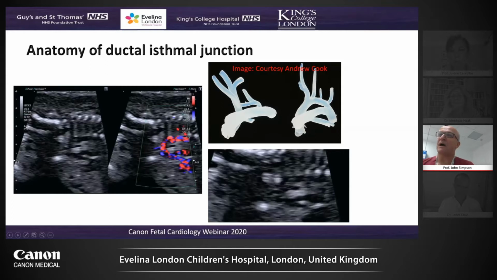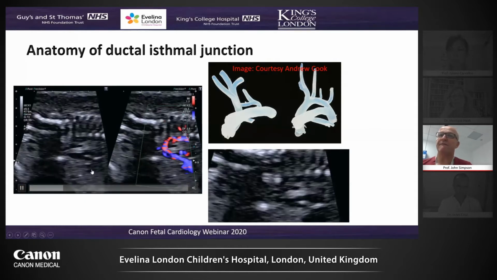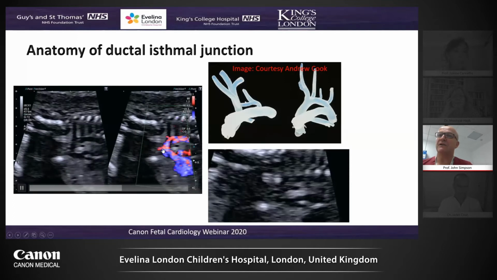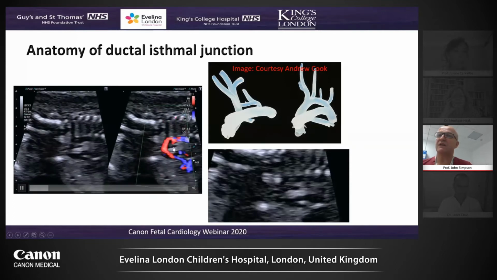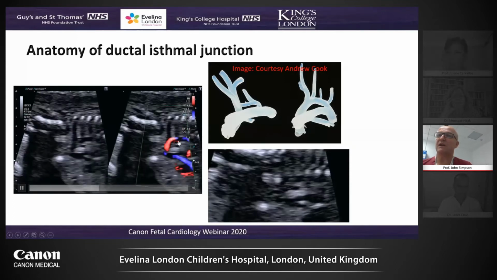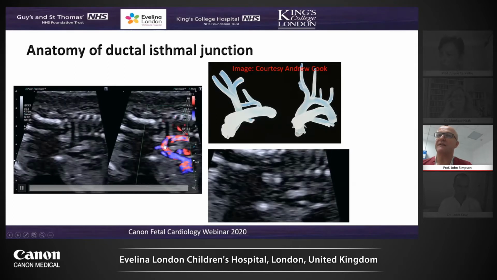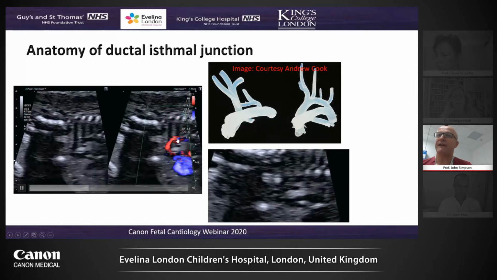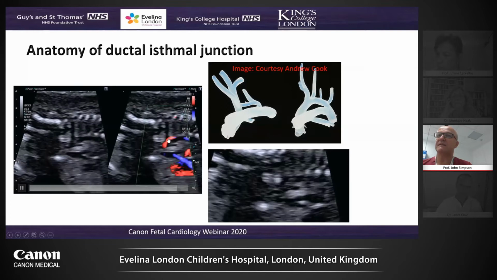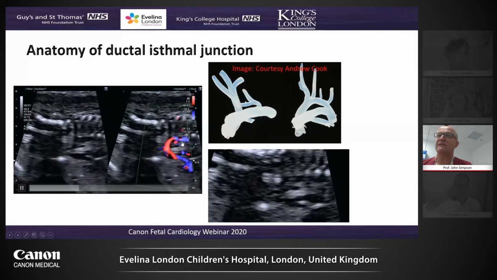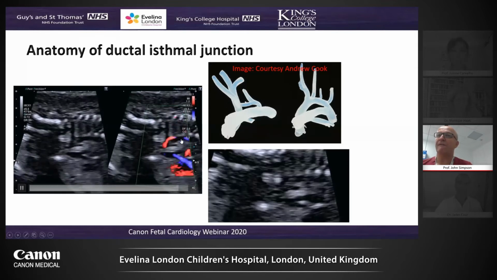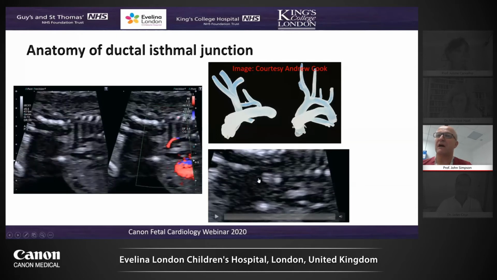So although our screening view may be using three-vessel trachea view, there is some benefit to look at these longitudinal views. And we see here very nicely the transverse aortic arch with the ductal arch underneath, and this very narrowed area of the isthmus, the distal aortic arch, inserting more into the side of the ductal arch.